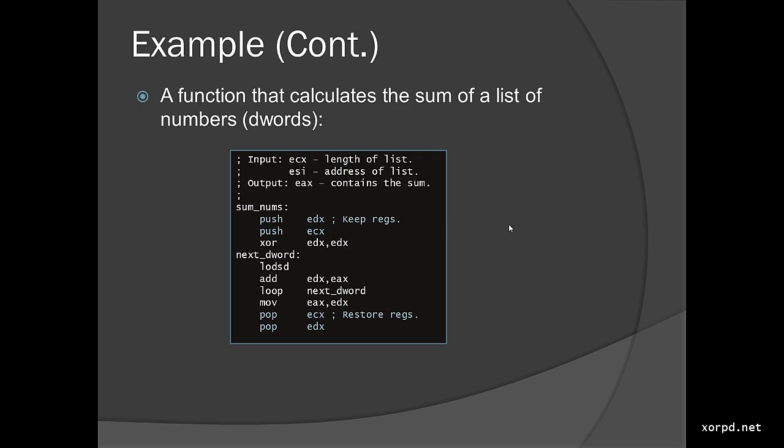We don't want to have any strange or unexpected side effects. So we just keep those registers to the stack and then we restore them from the stack. Basically, this code really does the same thing as the previous one, but the only difference is that this one doesn't change EDX and ECX.